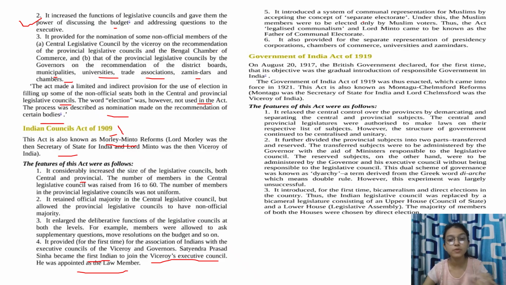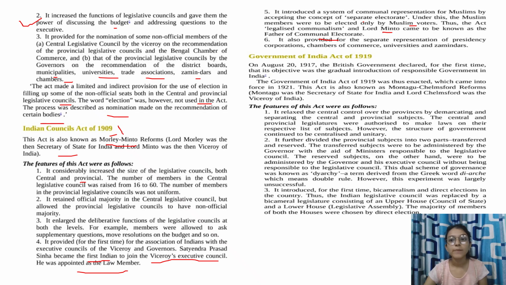From this period, communal representation began. Under this, Muslim members were to be elected only by Muslim voters, so they separated the people. Thus the act legalized communalism, and Lord Minto came to be known as the father of communal electorate. This is another point you need to remember: who is known as the father of communal electorate? That is Lord Minto.